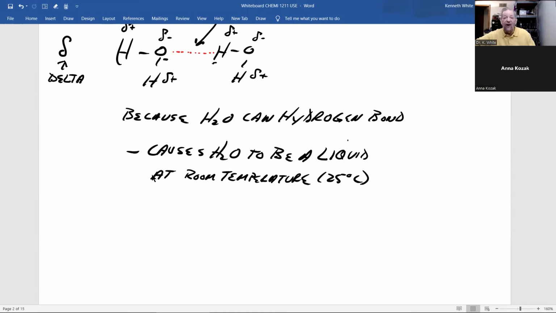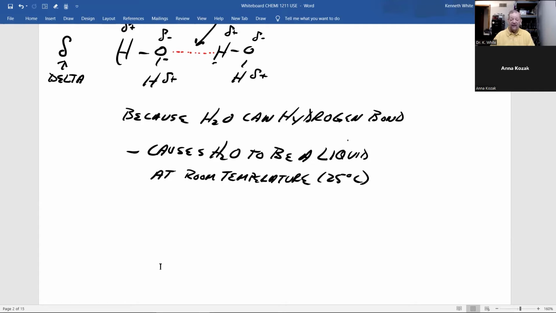That's because of the hydrogen bonding between the molecules of water in my water bottle. What does that mean? If you look at similar molecular weight molecules that cannot hydrogen bond, at room temperature, like in my office right now, they're all gases. And if it wasn't for hydrogen bonding, water at this temperature would be a gas.